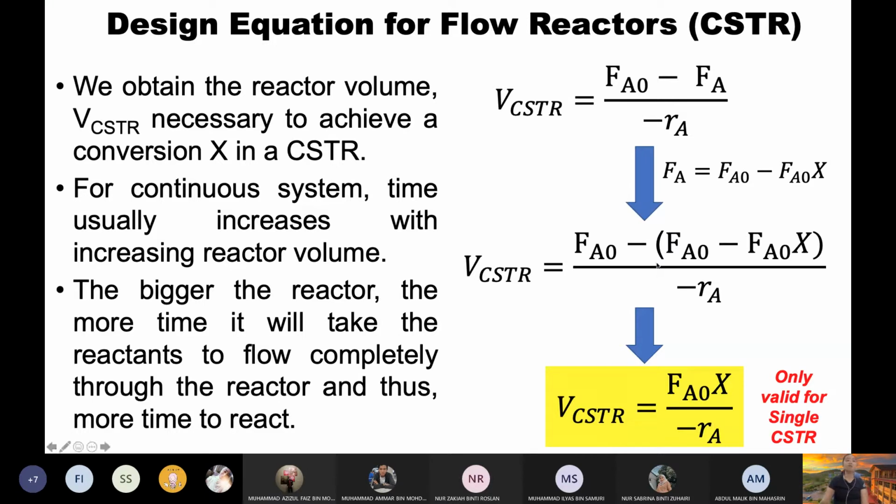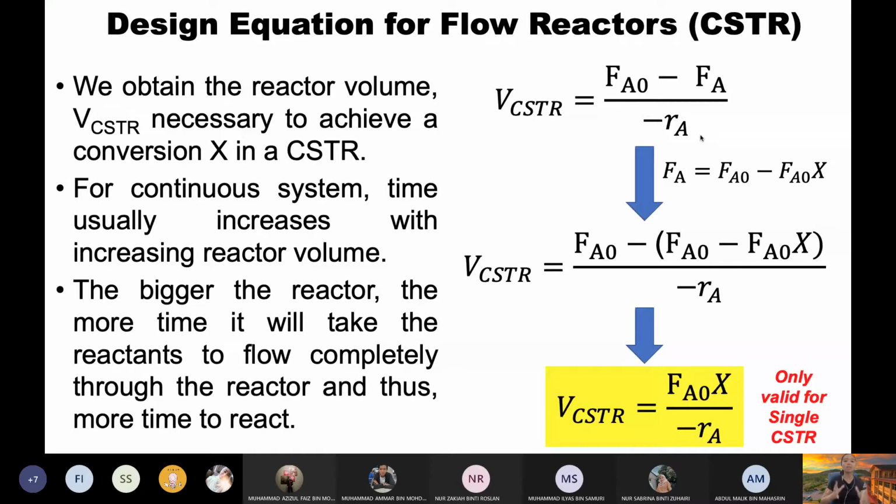Okay, then next part is a little bit of understanding the equation. Equation 2 previously, as I just derived, is FA naught minus FA per minus RA. So FA naught is the inlet molar flow rate, FA is the outlet molar flow rate, minus RA is the rate of disappearance of A. But again, as I taught you last Monday, this equation must have conversion because we will always measure the reaction's performance through conversion.